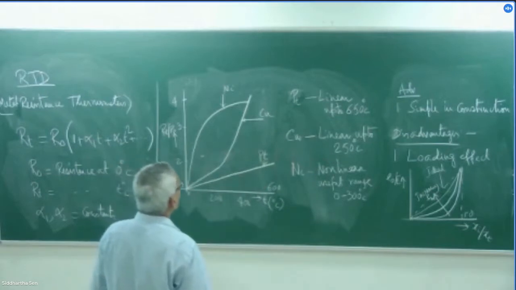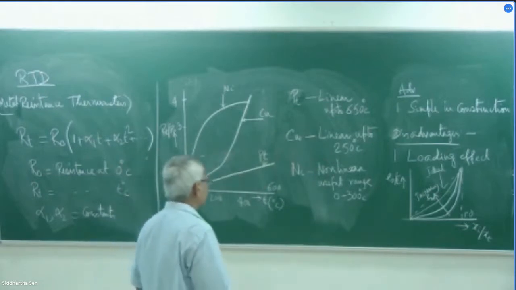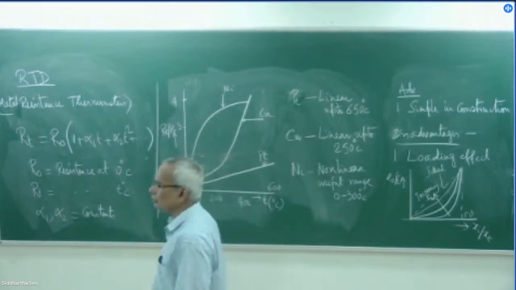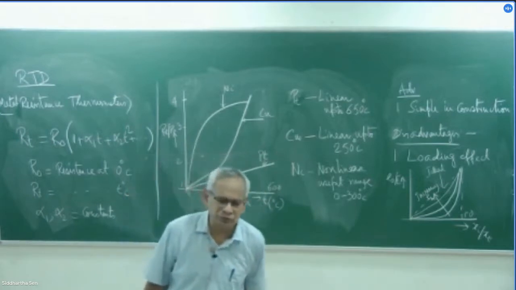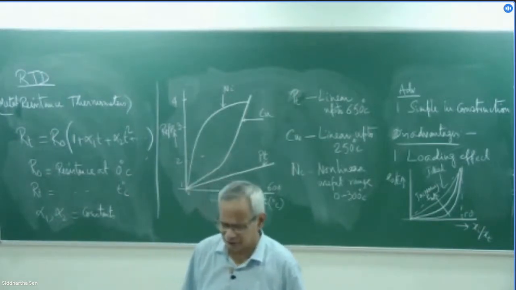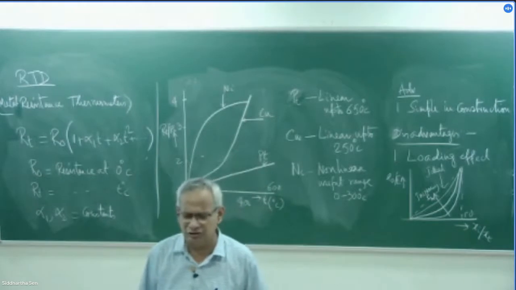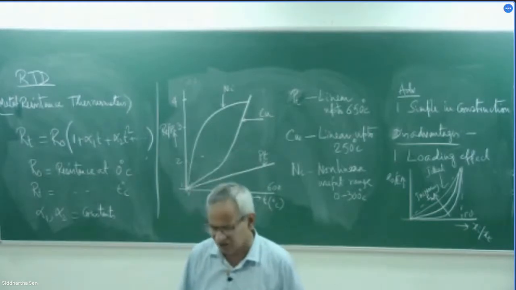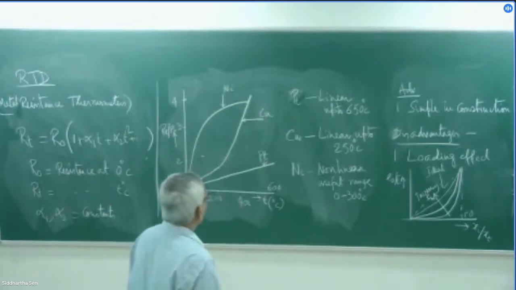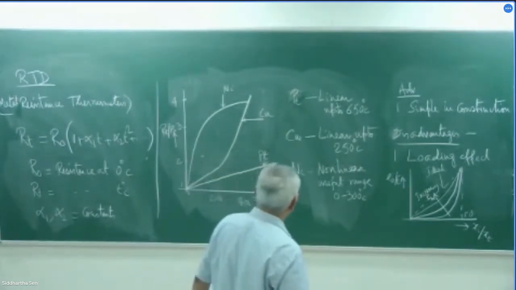So this is what we have. These are mostly the three materials used for measurement of resistance and temperature, which we call the RTD, resistance temperature detector, and they are copper, platinum, and nickel.